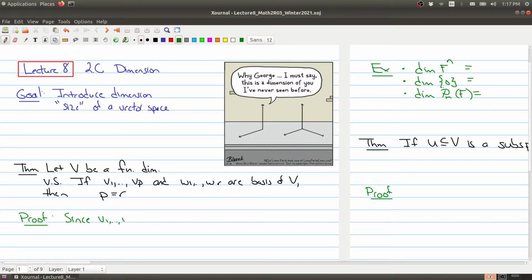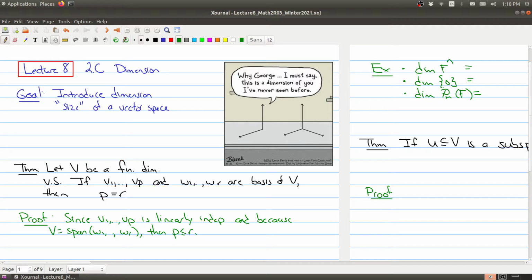Since V1 through VP is linearly independent, and because V is equal to the span of the vectors W1 through WR, then P is less than or equal to R, because this is something we proved earlier, that the length of any linearly independent set is less than or equal to the length of any spanning set.